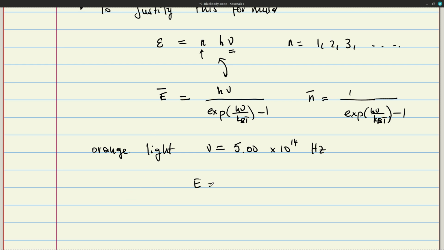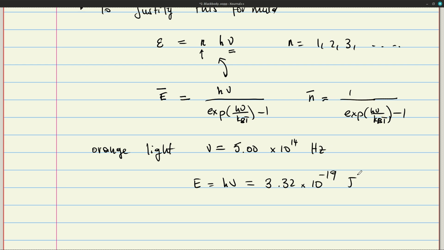The corresponding energy is h nu, which is, okay, you can put in Planck's constant, which is 6.6 times 10 to the minus 34 joule seconds. Frequency is this. You are going to find 3.32 times 10 to the minus 19 joules.